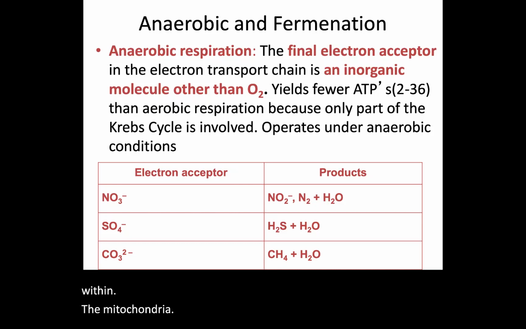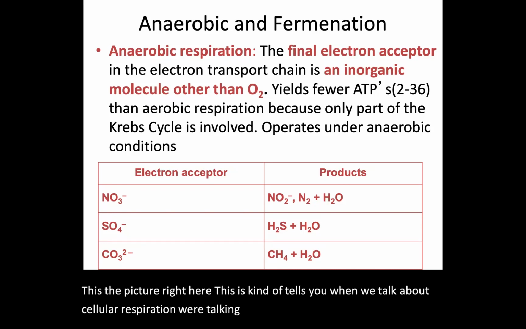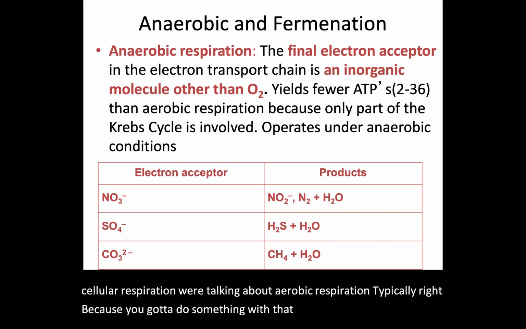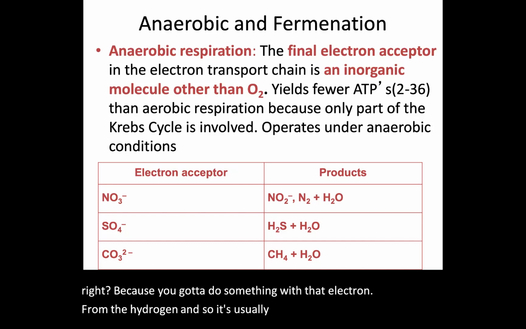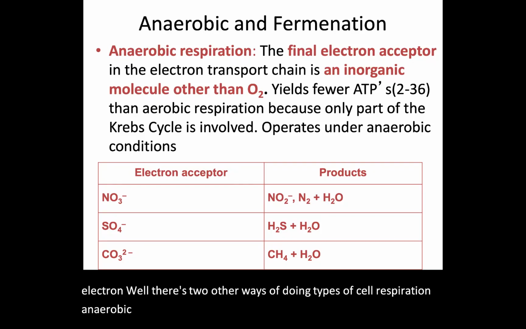The picture right here just kind of tells you when we talk about cellular respiration, we're talking about aerobic respiration typically, right? Because you got to do something with that electron from the hydrogen, and so it's usually the oxygen that's accepting the electron. Well, there's two other ways of doing types of cell respiration: anaerobic cellular respiration and fermentation.